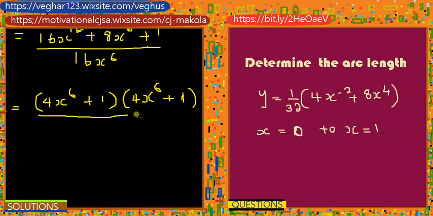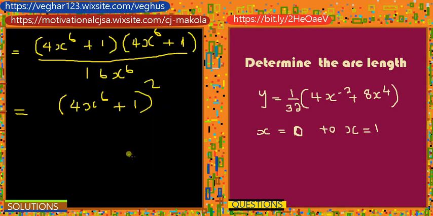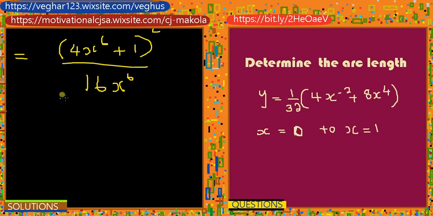And then we divide it by 16 like this, and because this one is the same, you can just put it like 4, and then plus, we can square them, they are 2, and then here is 16 raised to 6, x raised to 6.